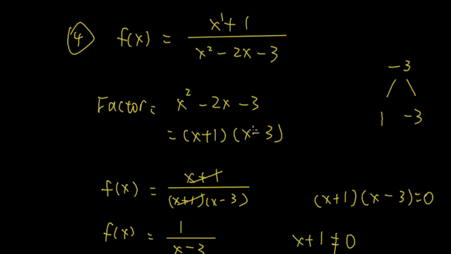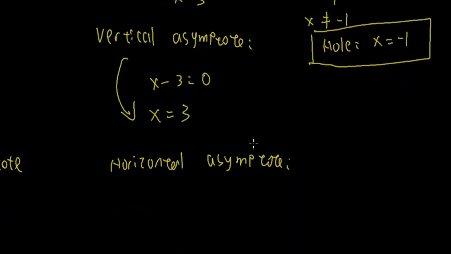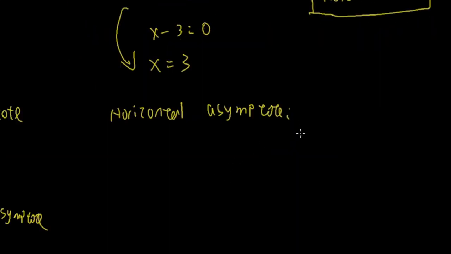Based on the rules that we talked about, the highest degree of power in the numerator is lower than the highest degree of power in the denominator. So we do have a horizontal asymptote, and that is y equals 0 in this case. Since we have a horizontal asymptote, we don't have an oblique asymptote.